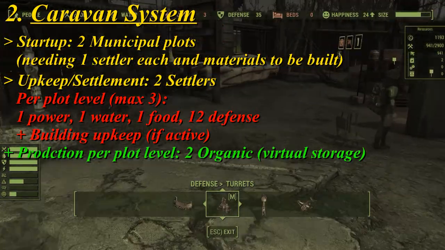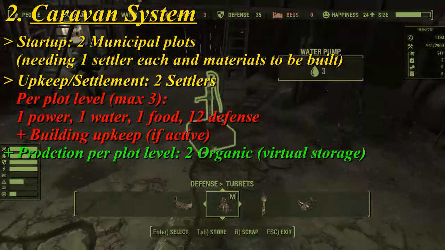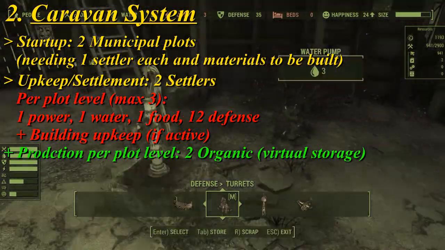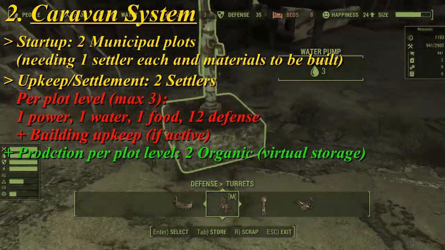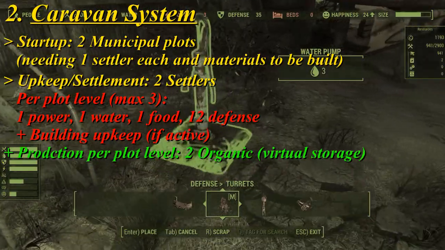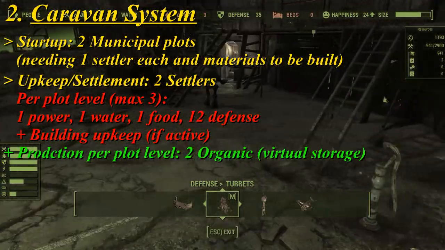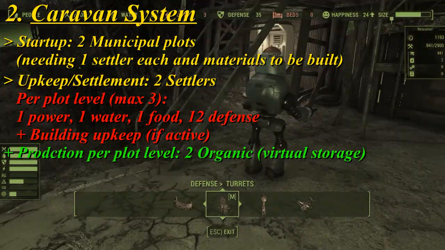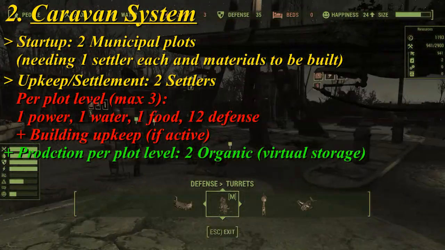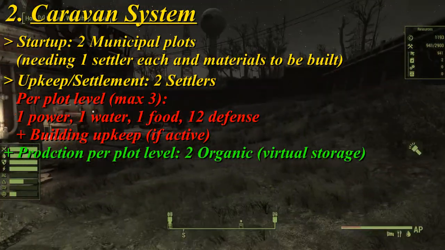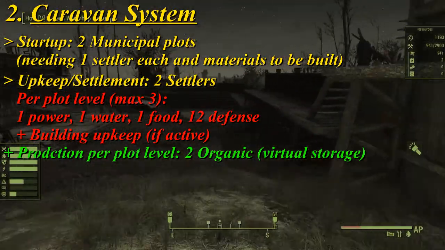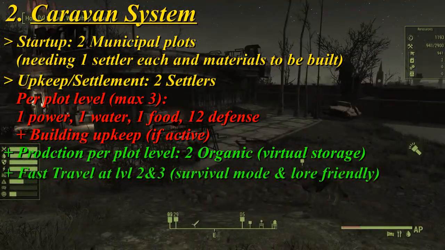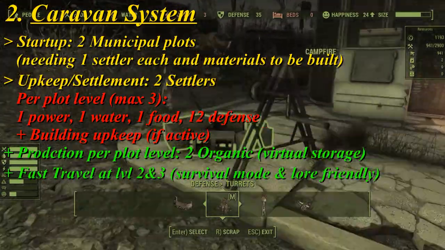On the benefit side, however, this plot does produce 2 biological components, which goes into your virtual storage. So it does help a little bit with your upkeep of other plots, for instance. So it's extremely expensive, but does come with the benefit of the extra production, and at level 2 and 3 allows for fast travel.